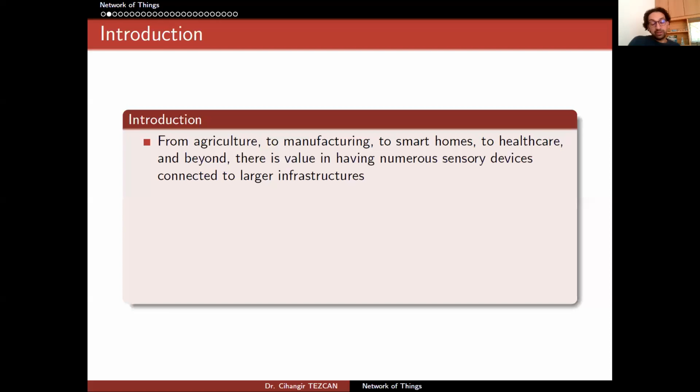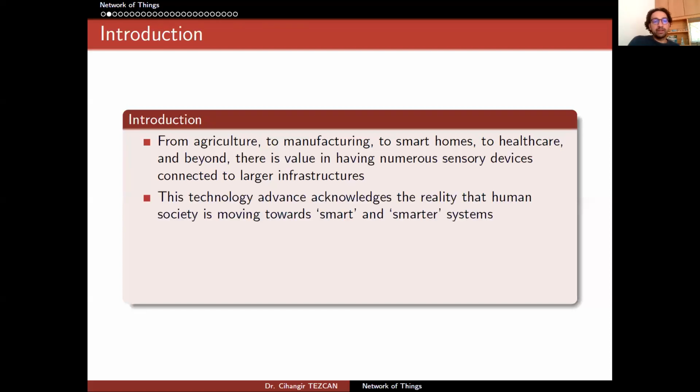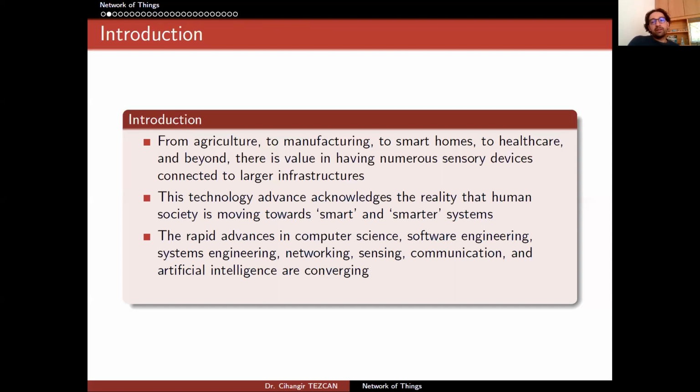But of course, security becomes a concern at this point. This technology advance acknowledges the reality that human society is moving towards smart and smarter systems. Yes, the rapid advances in computer science, software engineering, systems engineering, networking, sensing, communication, and artificial intelligence are converging.